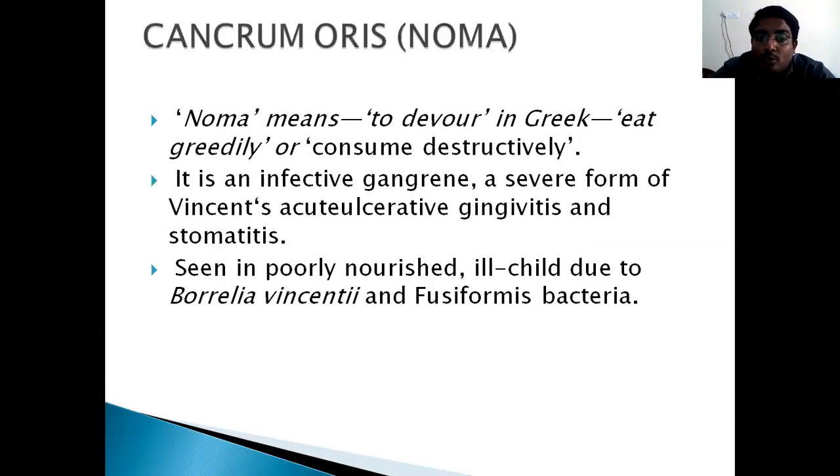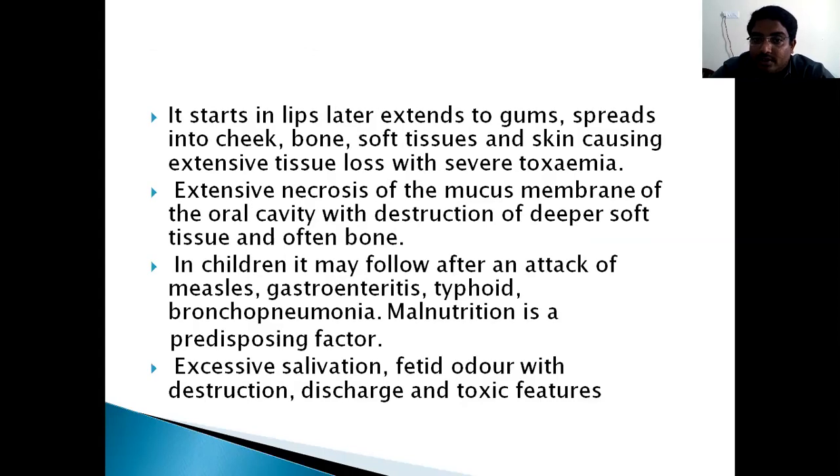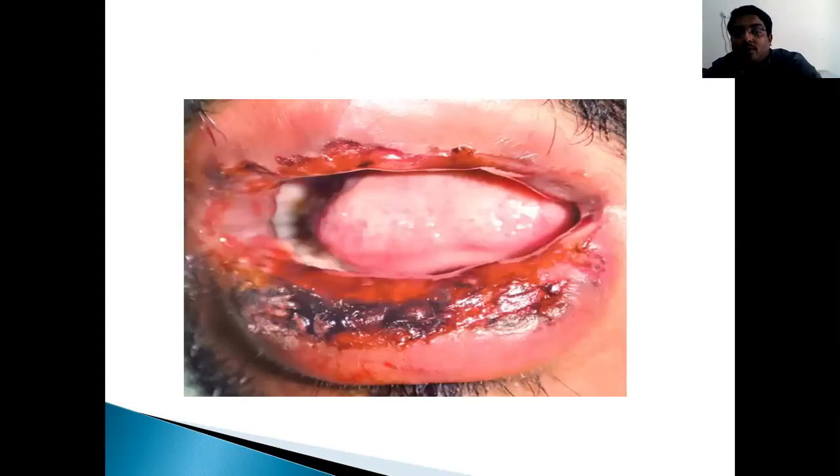Then noma. Noma means devourer in Greek, eating gradually and consuming destructively. See this image: the lip is gradually being destroyed, the epithelium and mucous membrane of the lip. That blackish discoloration patch is gangrenous tissue, the dead tissue.